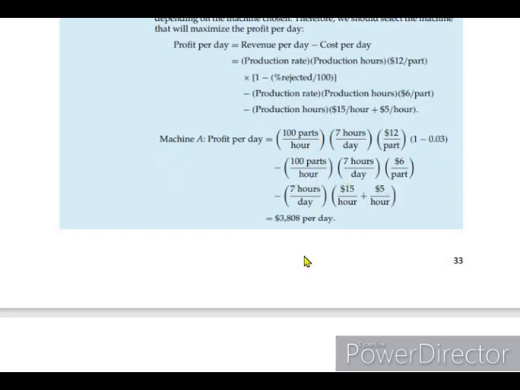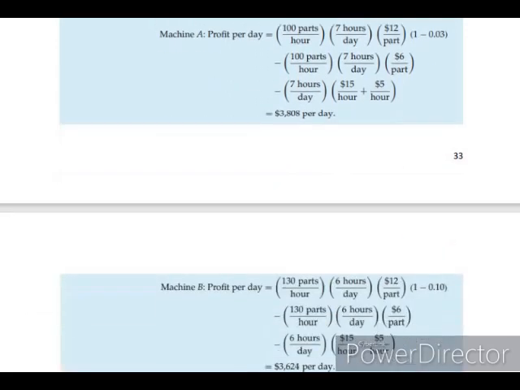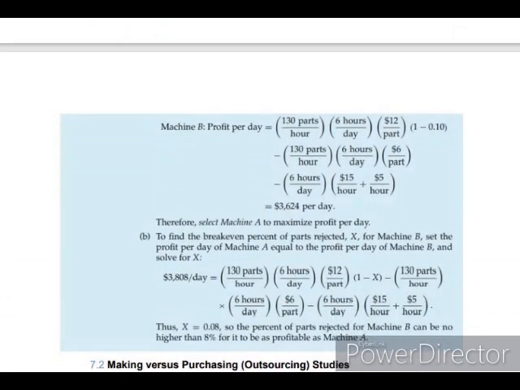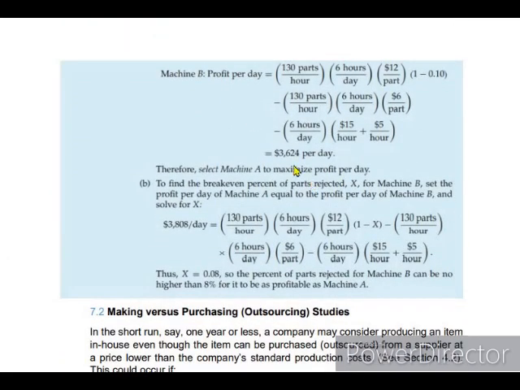So for machine A, the profit per day is equal to $3,808 per day. So that is the profit. For machine B, the profit per day is $3,624 per day. Therefore, select machine A because it has a higher profit. It maximizes the profit per day.